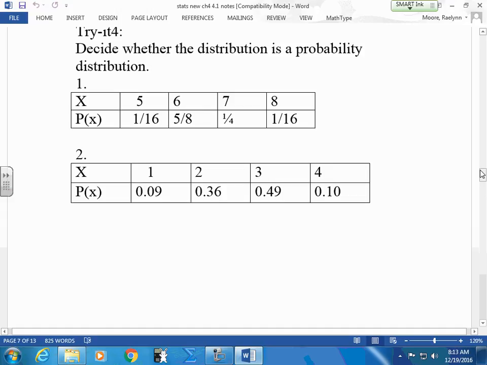Okay, decide whether these are. Do the probabilities fall between 0 and 1? Yes? Now we have to see, do they add up to 1? We can have different fractions, we can have decimals, we can have them mixed together. Because it passed the first part, it falls between 0 and 1.